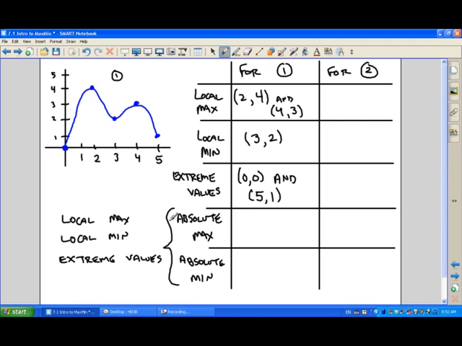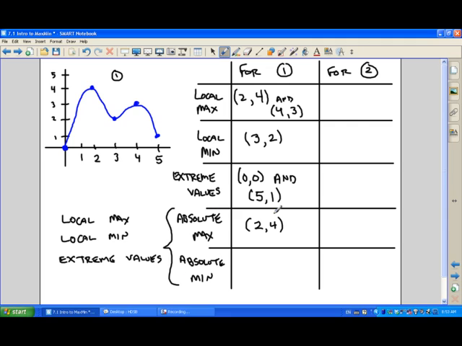So to find my absolute max, I'm going to look at my list of points that I've identified, and I'm going to pick the highest point. So I'm looking at the y values, and I'll pick the highest y value. And it looks like my highest y value happens at the point (2, 4). So that point (2, 4) is the highest that this curve gets based on my drawing.